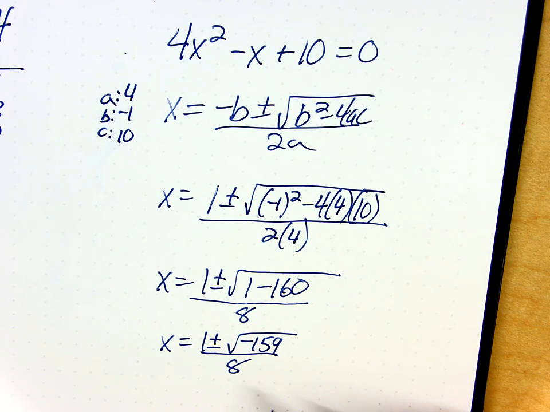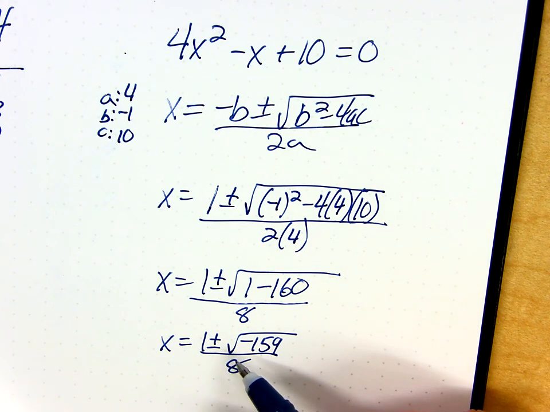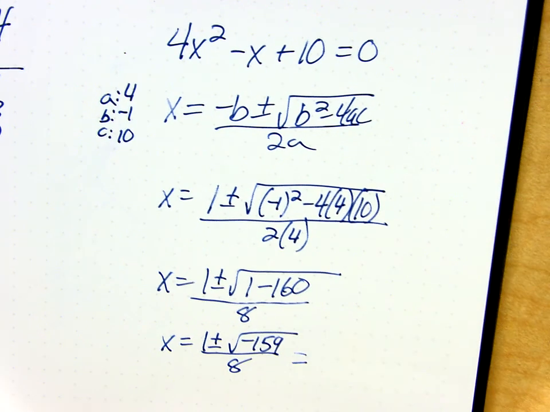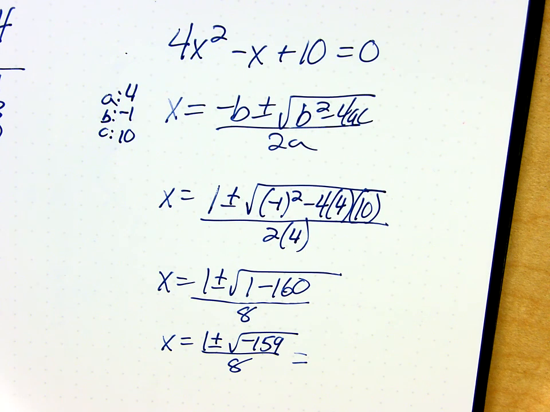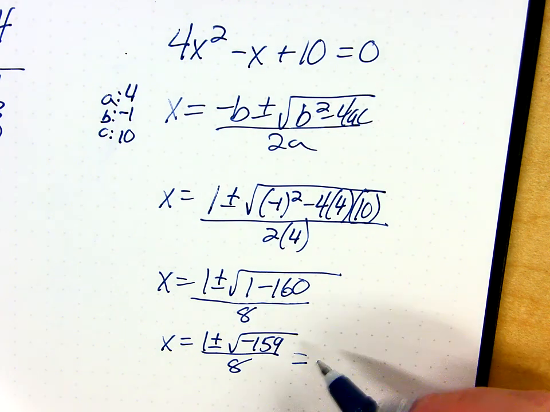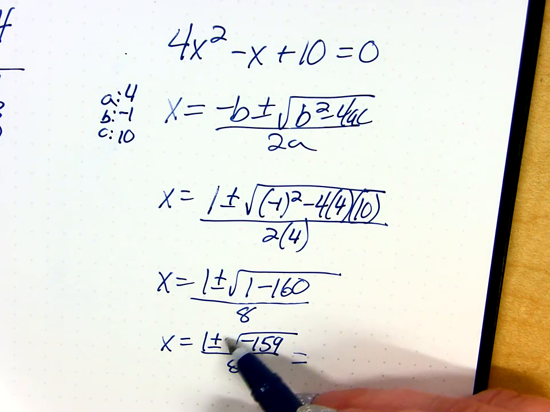But do you remember how I deal with the negative under the radical? Yes, I have to pull out an i. You remember doing that? Now, 159 is not a perfect square itself, and I don't believe it has any perfect square factors. So 4 doesn't go in, 9 doesn't go in, 16 doesn't go in. So the only thing I can do is pull out that -1.